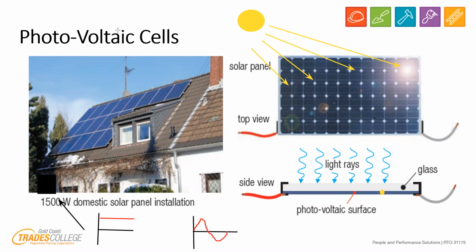So it changes it from DC to AC. That's what an inverter does. Let's write the word inverter in there. So the inverter is what converts DC to AC.